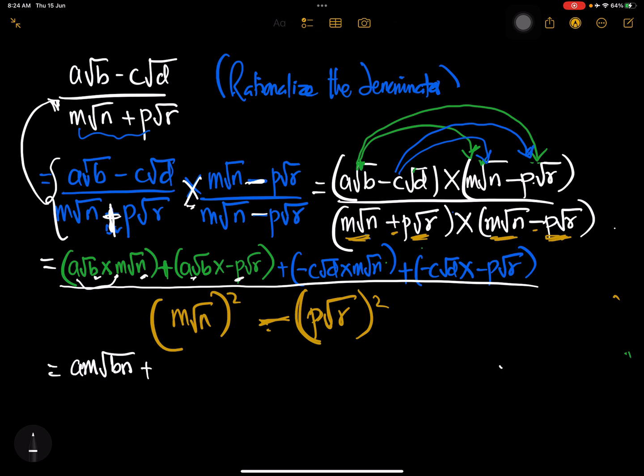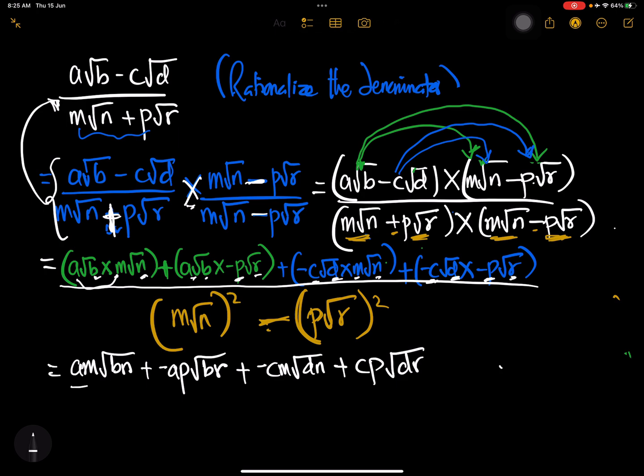We're going to get minus ap square root of b and r, which is br. We're going to get another plus. We're going to get this multiplied by this, which is negative cm square root of d times n, which is dn. We get another plus. This negative c multiplied by this negative p gives us positive cp, and then the square root of dr. Why? Because d times r will multiply.